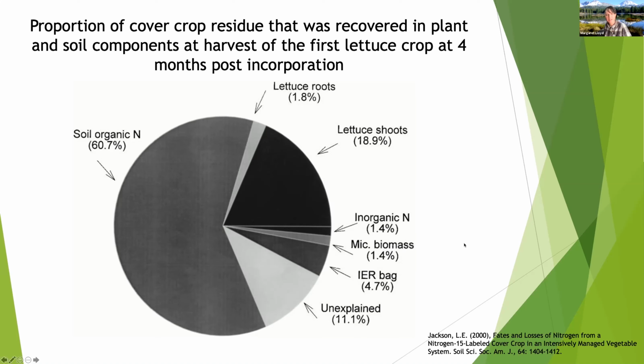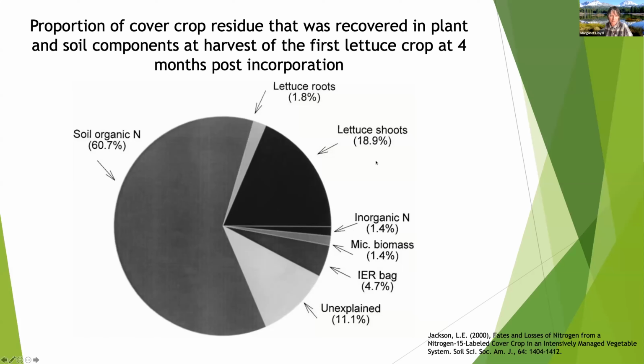And this is some work in which she tracked how much of the nitrogen from a cover crop was taken up by a subsequent lettuce crop. And what you can see here is that this is just the first planting of lettuce. There were 2 plantings. But in this first planting, combining the shoots and the roots, just over 20% of that lettuce's total N came directly from the cover crop.